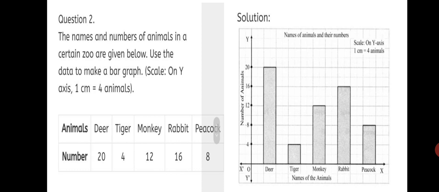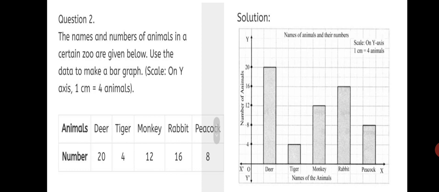The number of animals is taken on the y-axis. So write number of animals in a sloping slant way. Okay, and then take your scale 4, 8, 12, 16, 20, multiples of 4. Fifth step, this scale which you took here, you have to mention it in the right hand side top corner.